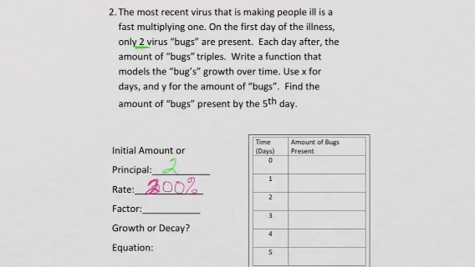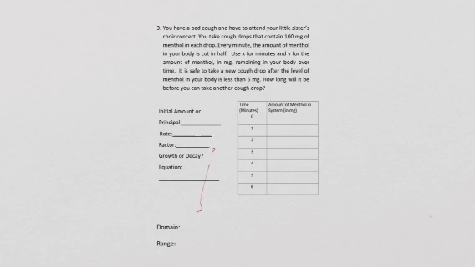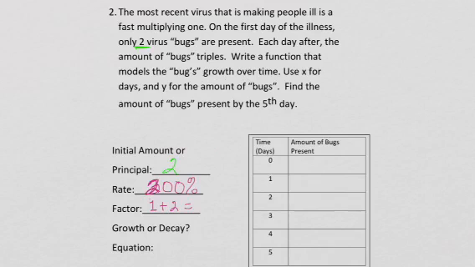So that would be a factor of 1 plus 2. So when you move the decimal point 2 places to the left, it gives you 2, so 1 plus 2. So your factor then would be 3.